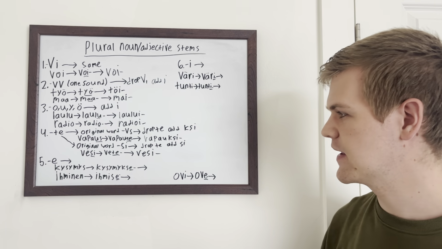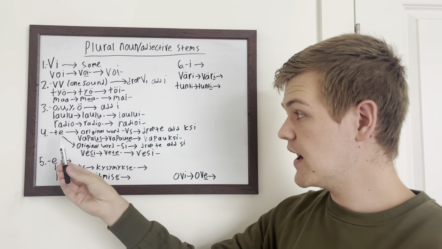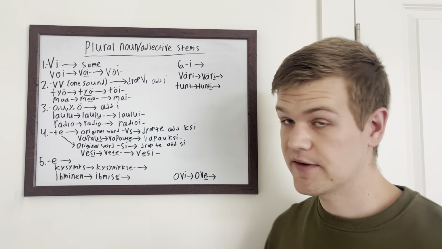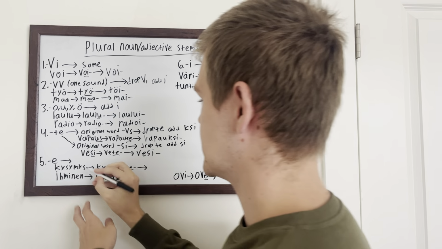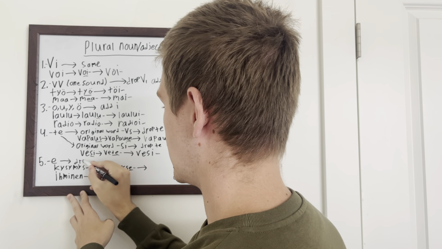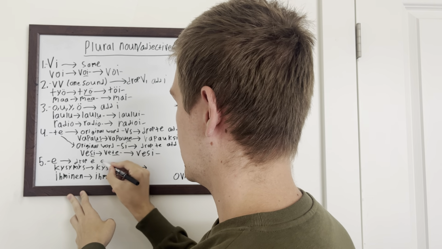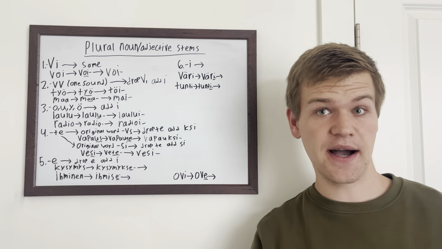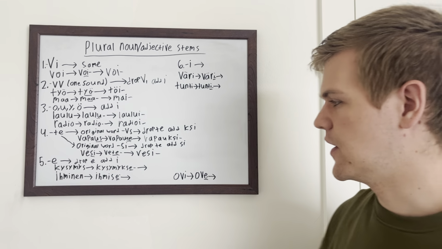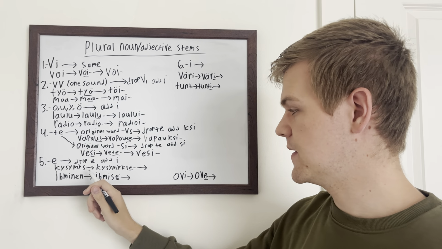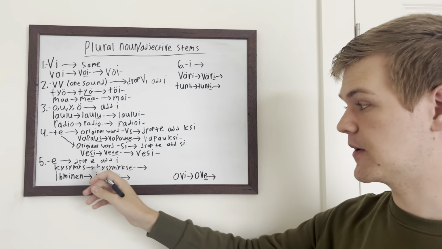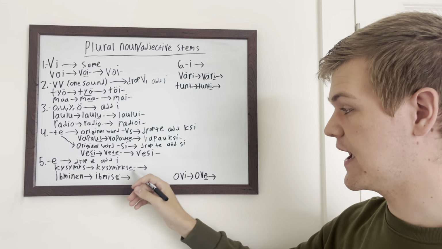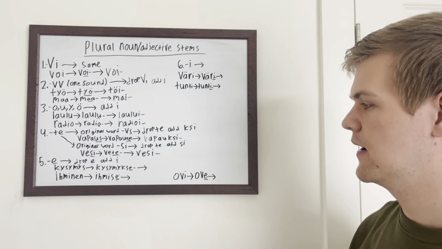Watch out for those. But if it's not a TE, our E's are very easy. All we're going to do is drop E and add I. So we just kind of change our E into an I. So, for instance, kysymys, remember this kind of word, the stem goes to KSE, so kysymykse.